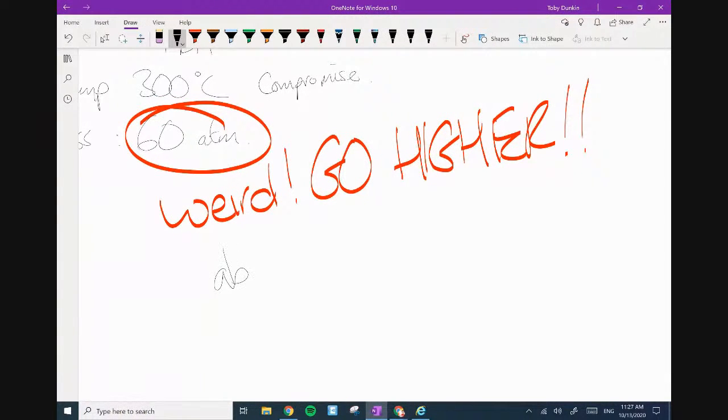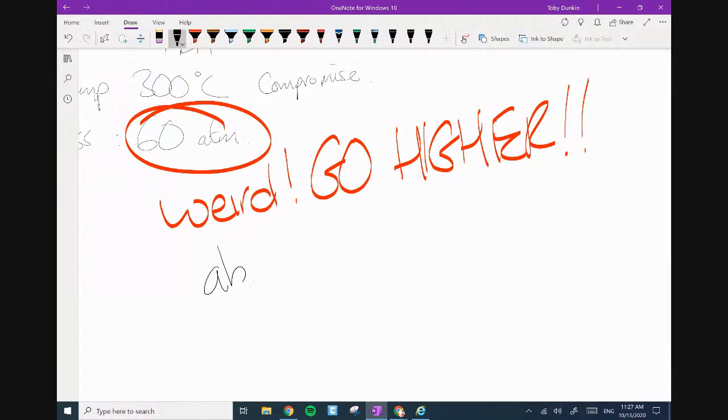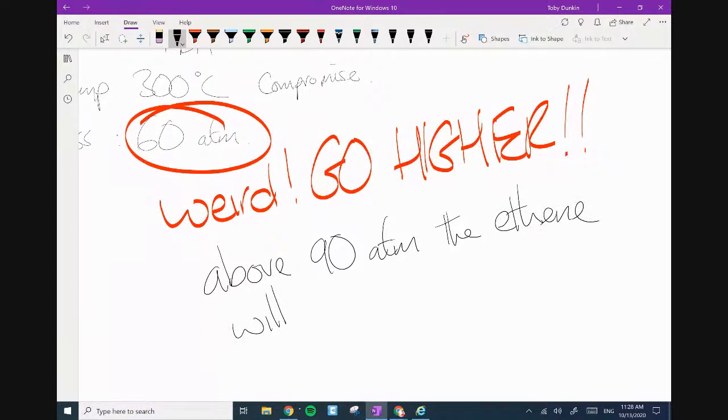So go higher? We can't. Above 90 atmospheres, ATM, the ethene will polymerize.